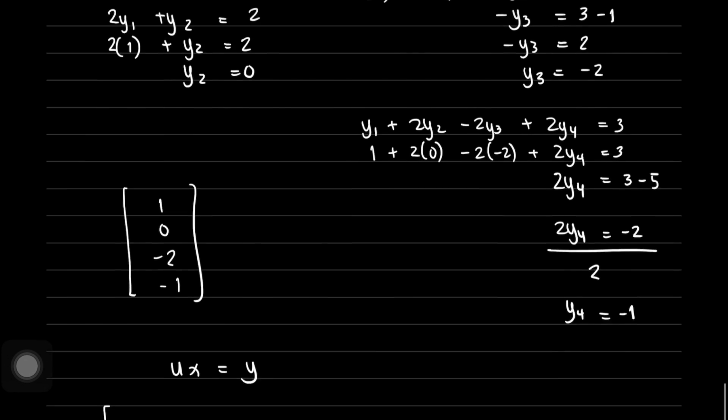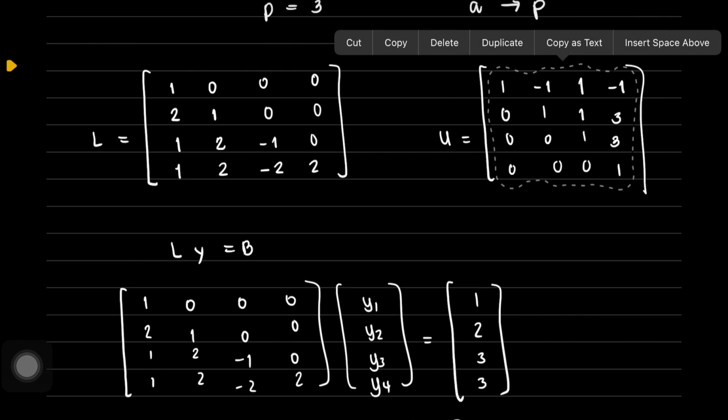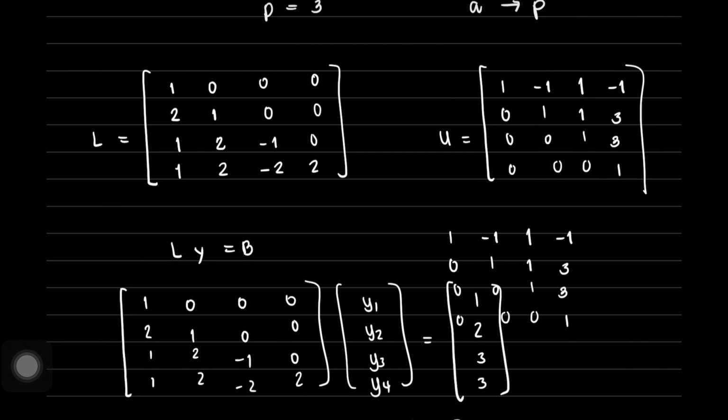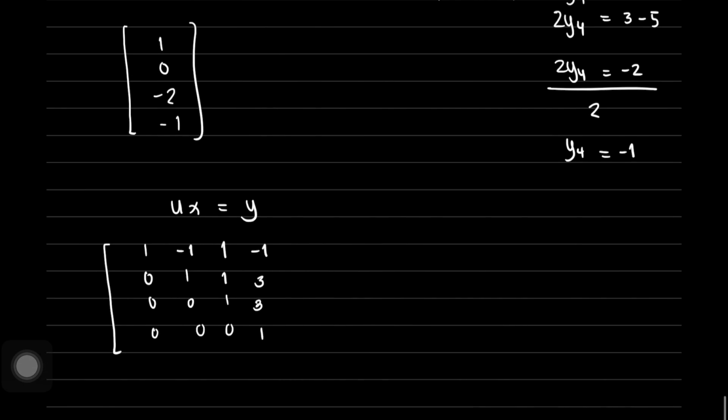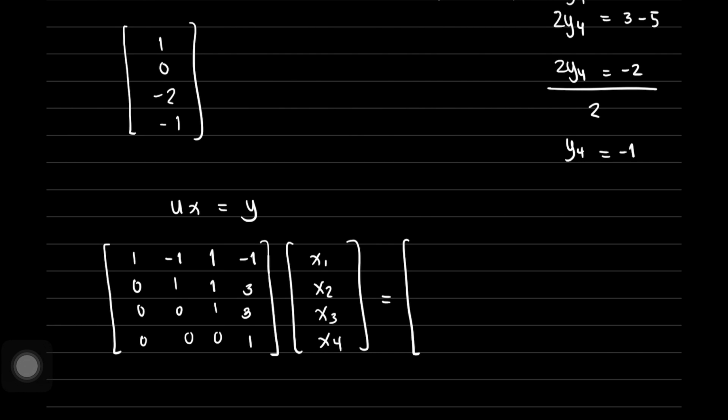Let me just copy this one and put it in here. There we go. So this would now be x1, x2, x3, and x4 equals y, which is 1, 0, negative 2, negative 1.